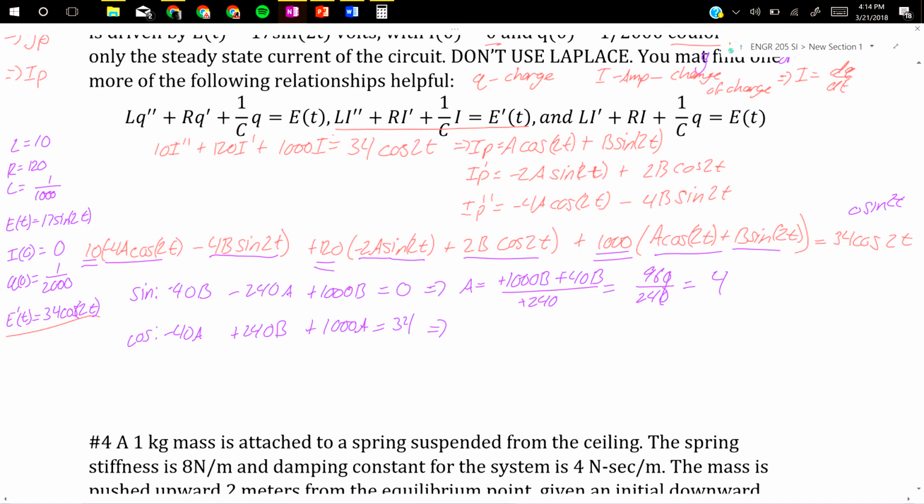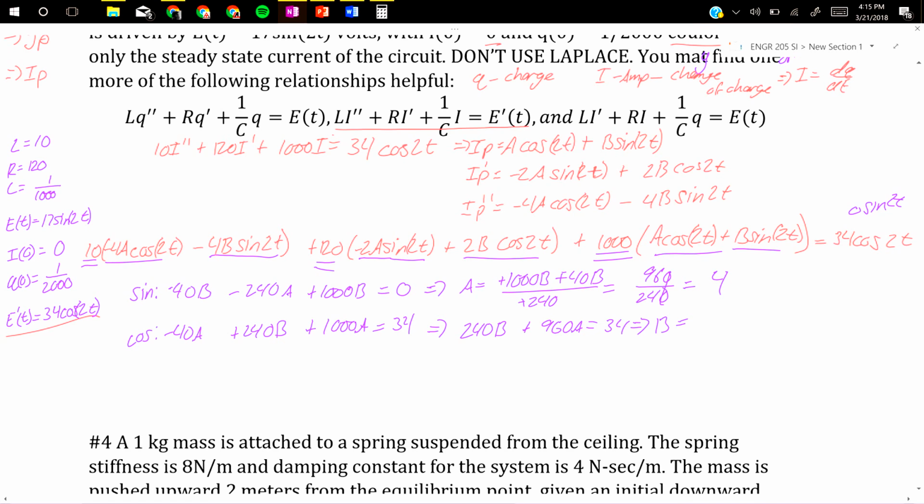And then this makes this work out. So we have 240b. We have 1,000a minus 40a, so plus 960a equals 34, which then applies, we'll do on this one.